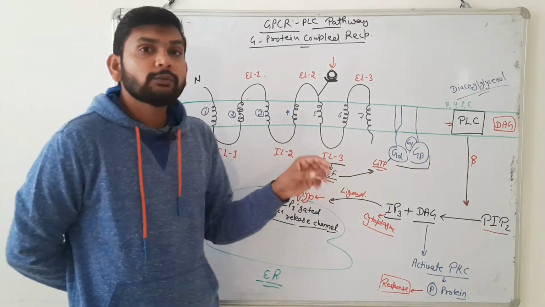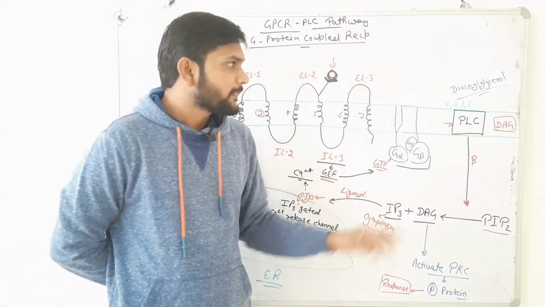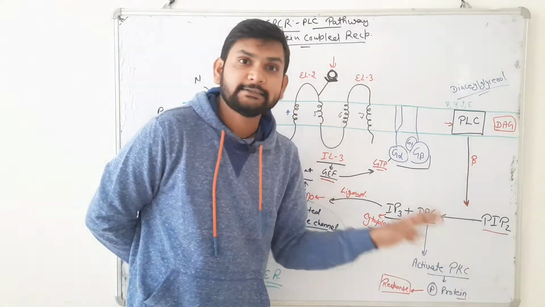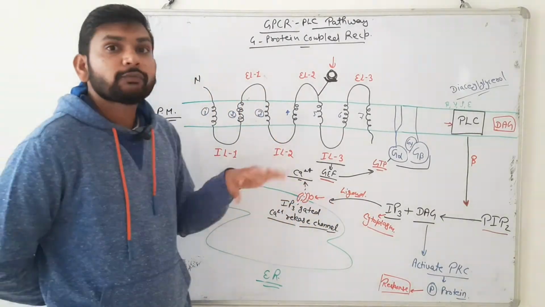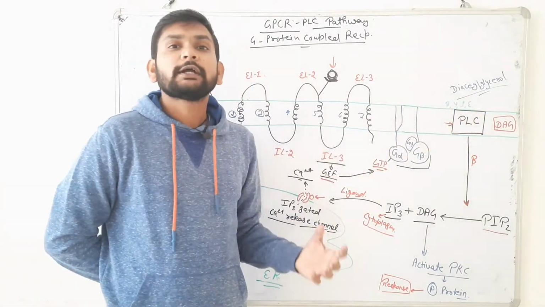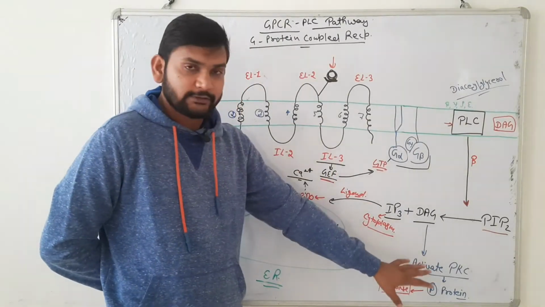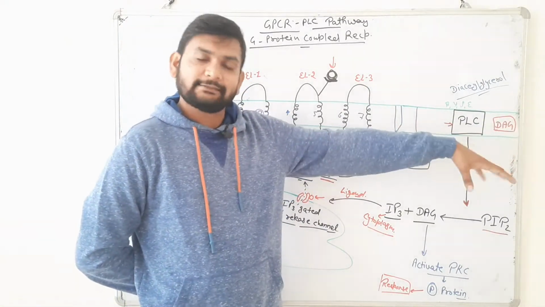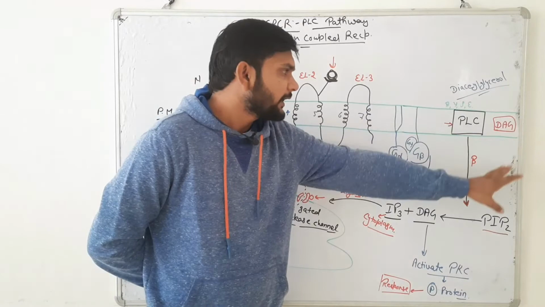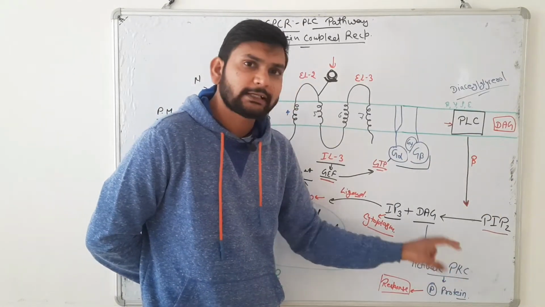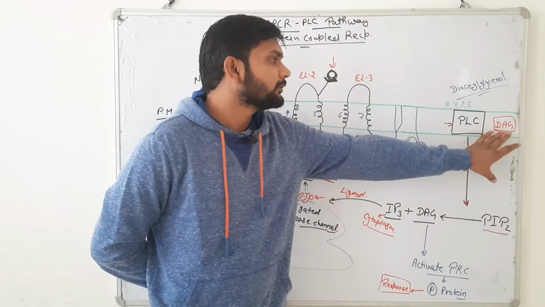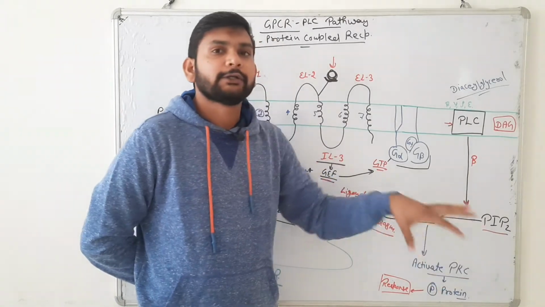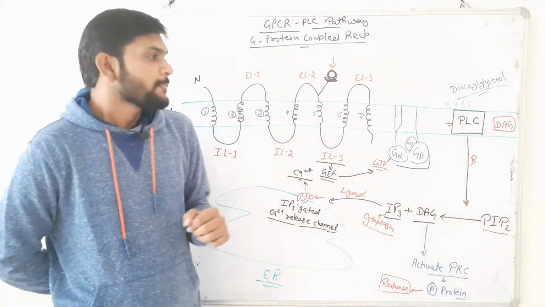In the presence of calcium, DAG activates protein kinase C. In the absence of calcium, DAG will not activate protein kinase C. After the release of calcium, DAG gets activated and it activates protein kinase C. All this work happens in the presence of calcium.